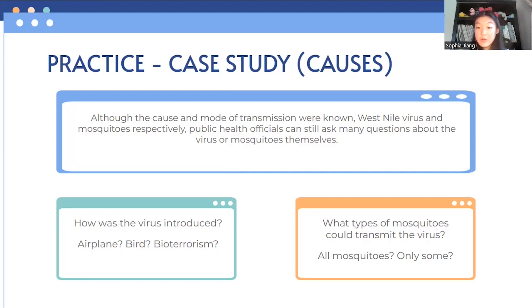And about the mosquito, you can ask what types of mosquitoes could transmit the virus. All types of mosquitoes, only certain types? Like, questions you always want to consider. Because once you know this information, you could help the community. You can make policies that protect people against it.